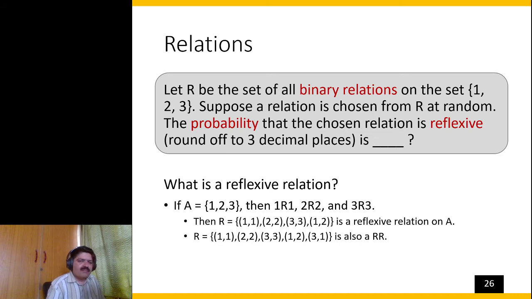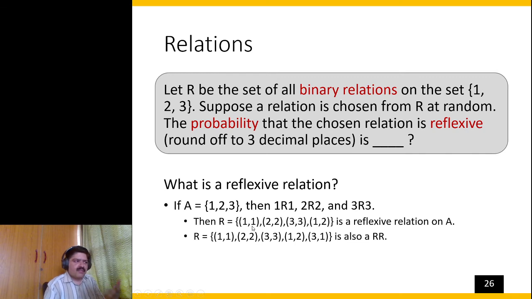If set A has three elements 1, 2, and 3, then if we have 1 related to 1 and 2 related to 2 and 3 related to 3, then such a relation which has all these three associations, we call a reflexive relation on A. In other words, here is an example: (1,1), (2,2), (3,3).